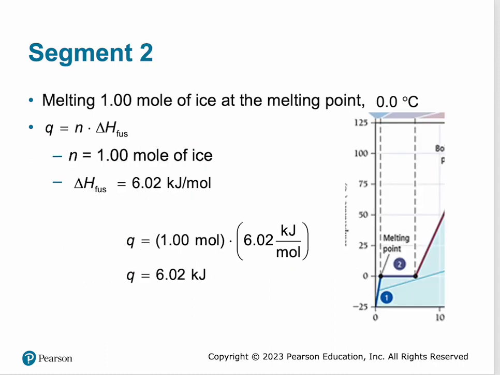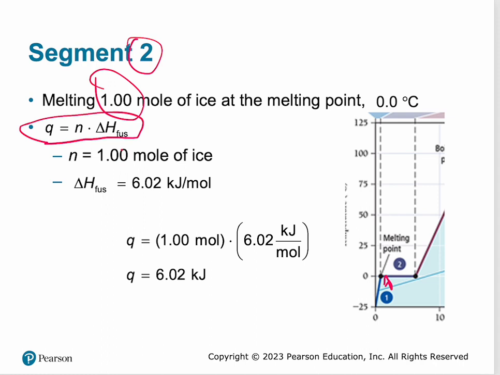Now in what we call step 2, we start with the water at room temperature, heating it. Again, we're looking at 1 mole. Now it's a little bit different Q here. So Q for this step is N, which is number of moles, times delta H of fusion, we talked about in the past.